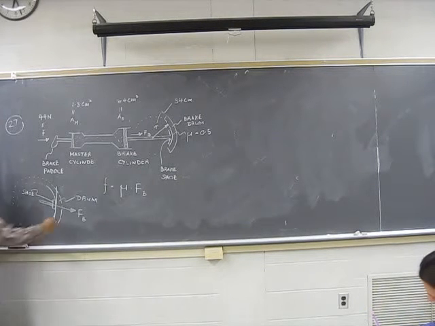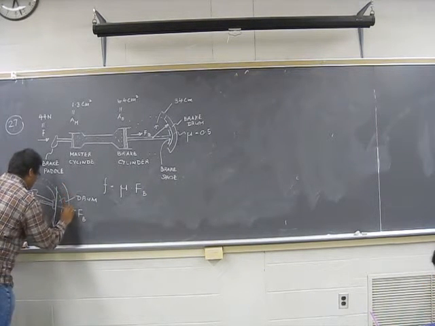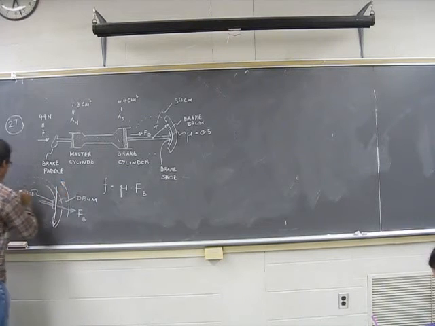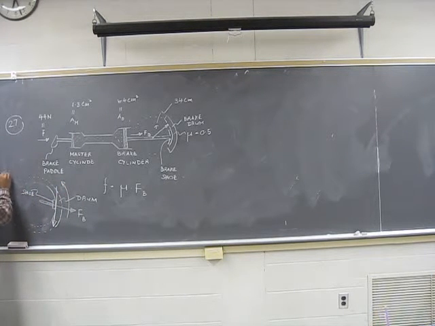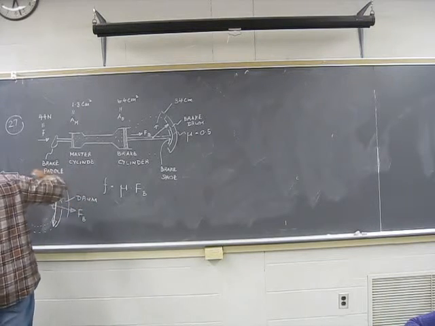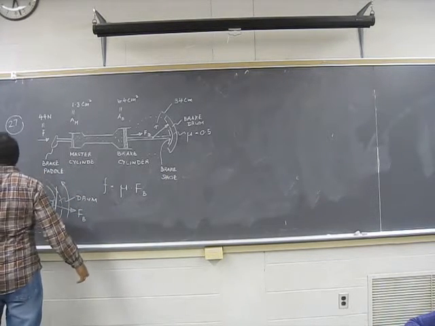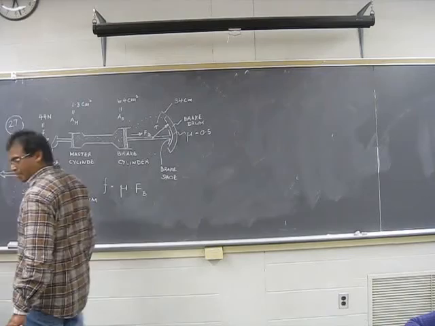So let's say your wheel is rotating this way. So the car is moving this way, right? This is the motion of the car. The wheel is rotating this way. So as the wheel rotates this way, the car will gradually move to your left, right?